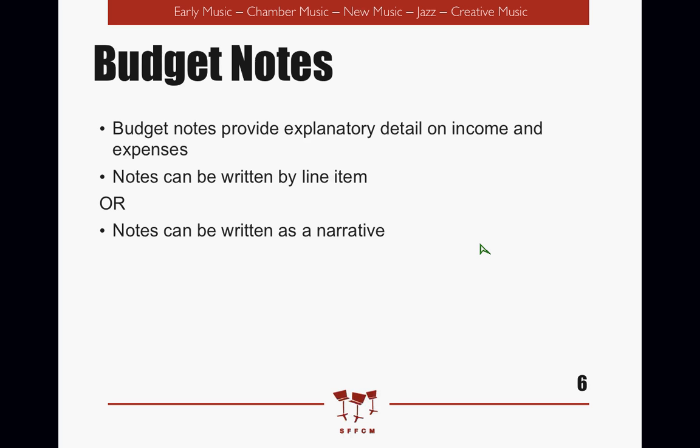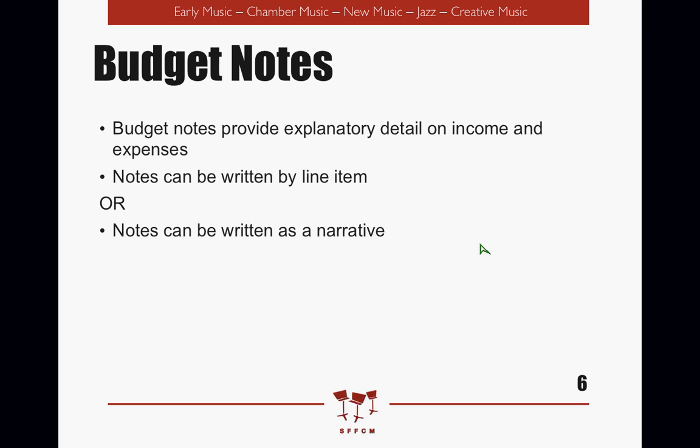written either as a line item, so you can say something like, okay, foundation grants, Zellerbach Family Foundation, $2,000 pending, or you can write your notes as a narrative. Actually, there are examples of that in the application form itself.